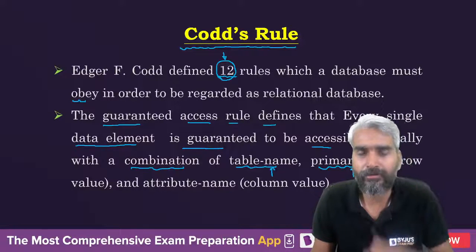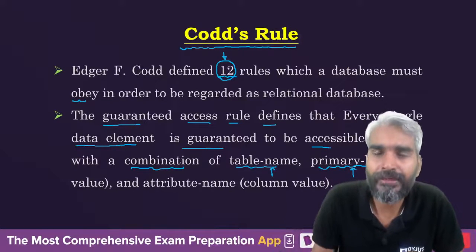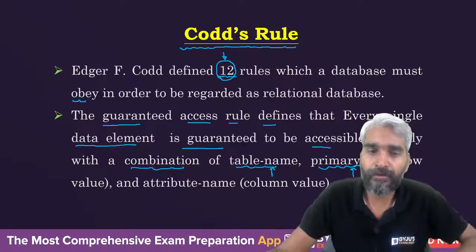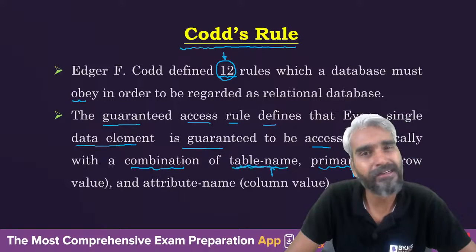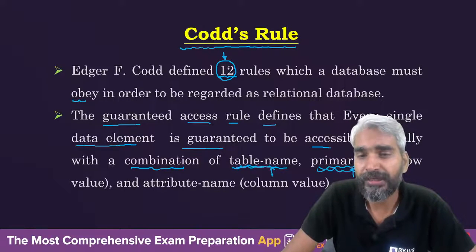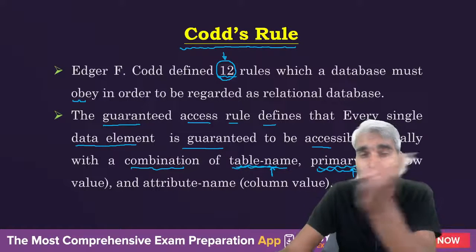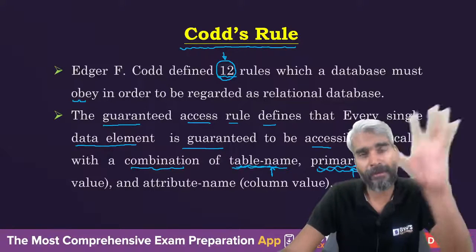Let's assume that you are looking for the branch of the student whose roll number is 4. Then you should have the information about the table name, that is student. You should have the information about the primary key, that is, the key based on which you will access the table. So the primary key is roll number.